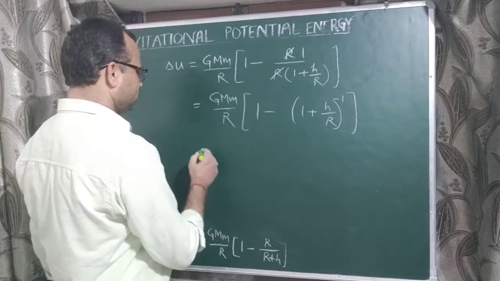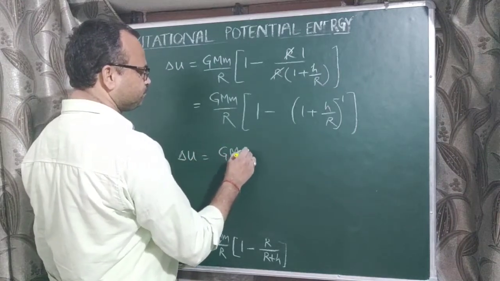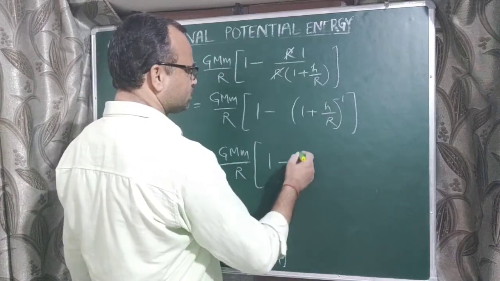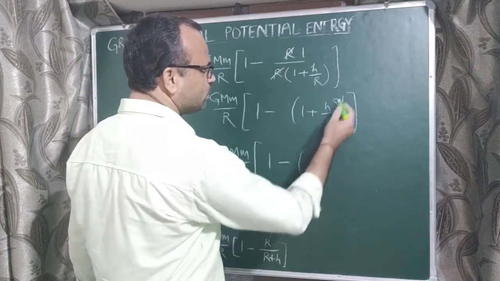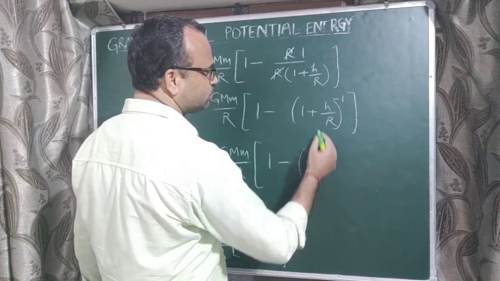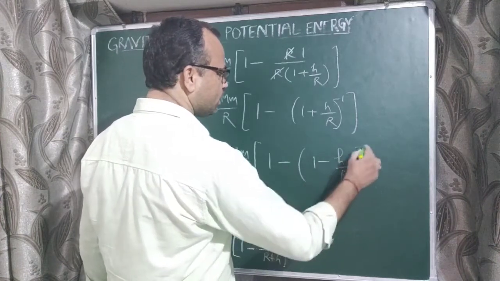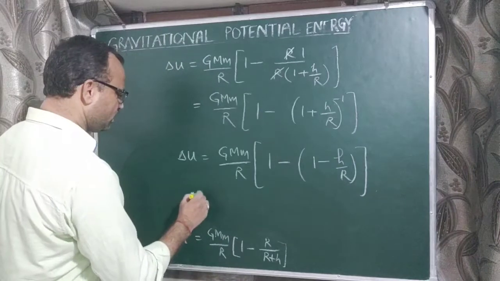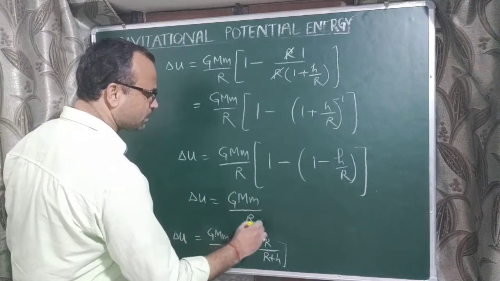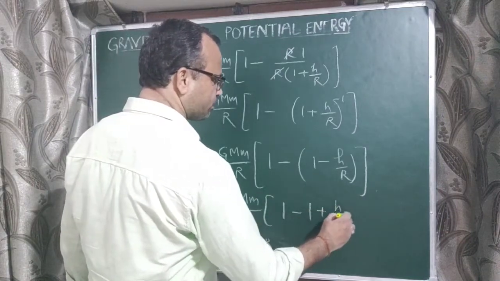So we get delta U equal to GMm upon R times (1 minus (1 minus h upon R)), because when this minus is multiplied to the second term, the positive is converted into negative h upon R. Now open the bracket: delta U equal to GMm upon R times (1 minus 1 plus h upon R).